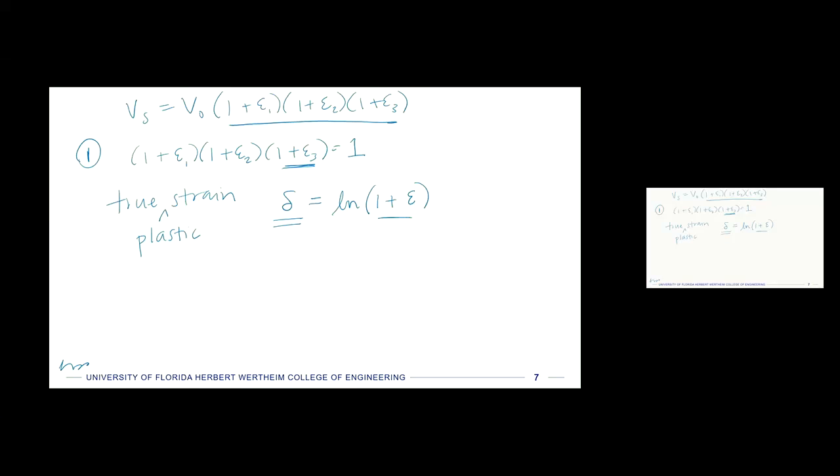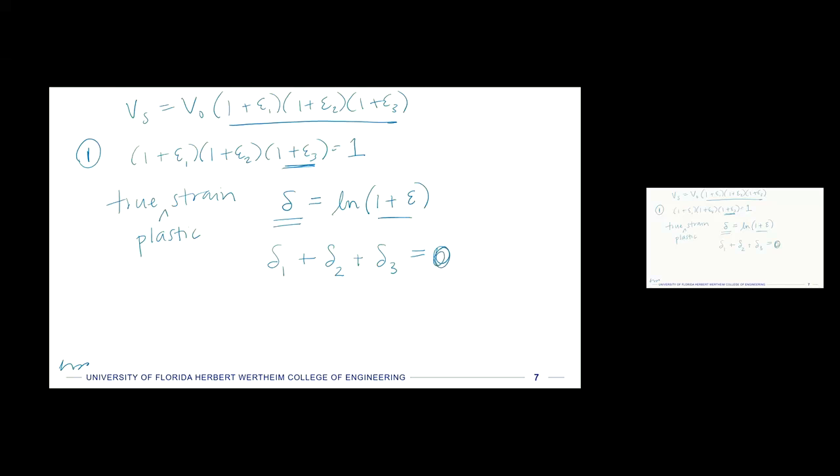If we take the natural log of both sides and then substitute this in, then we get the equation with our first principal plastic true strain, plus the plastic strain in the second direction, plus the third, equal to 0.